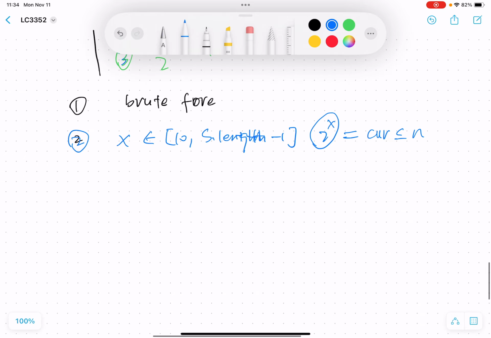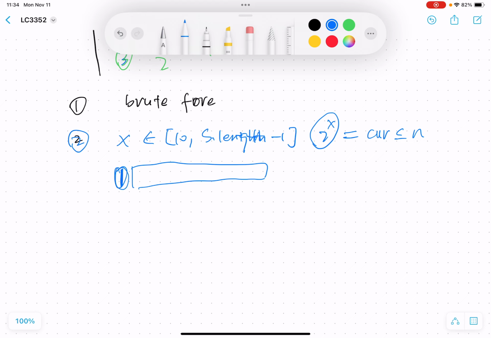For every x, we will know the first element of the binary representation must be 1, and we don't know what the last several bits are, they can be anything, because the first will be 1.